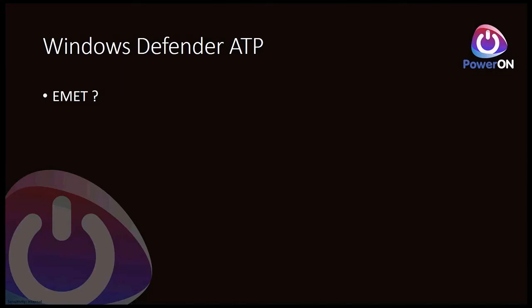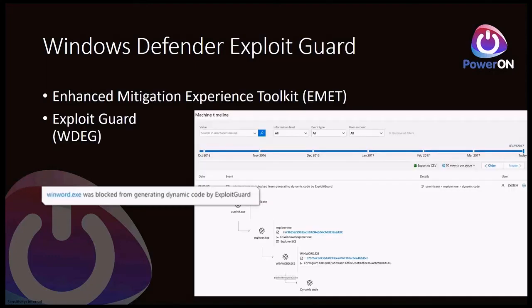So, EMET. EMET has been around for quite a while. What is it? It's the Enhanced Mitigation Experience Toolkit. This is an anti-exploit toolkit, been around for a while, a free tool.